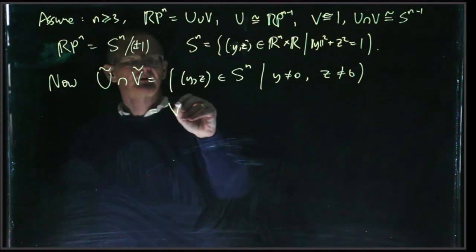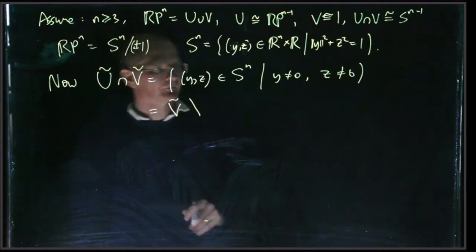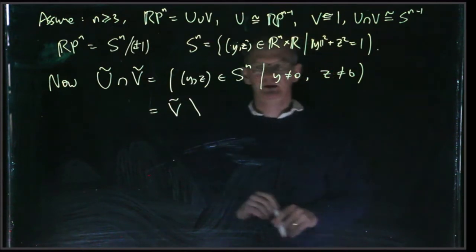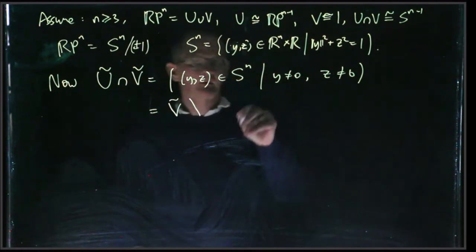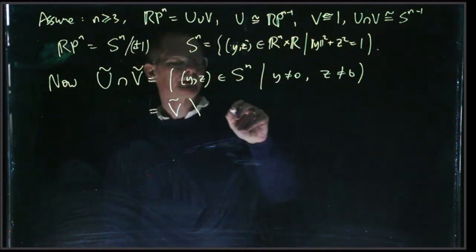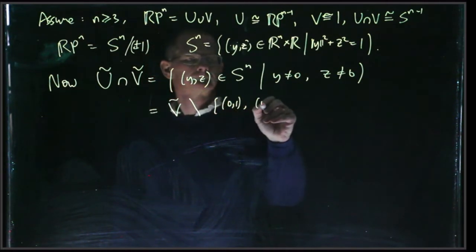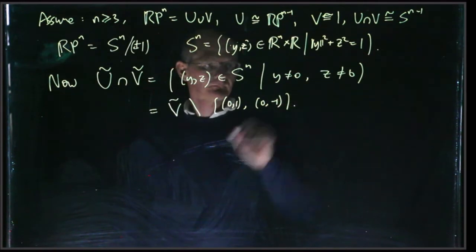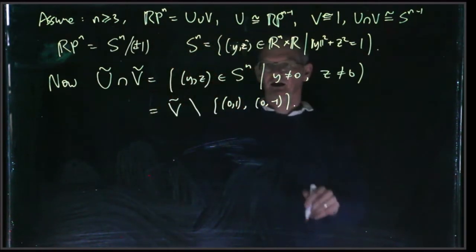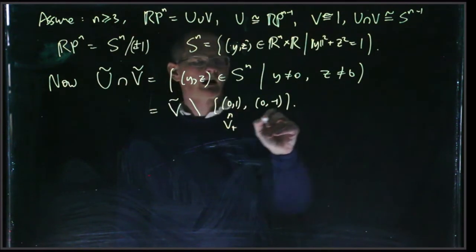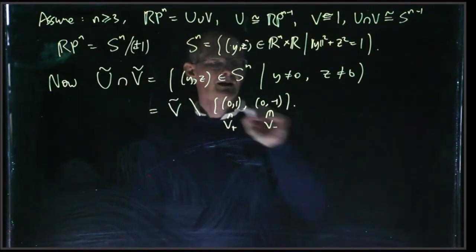This is V tilde, where we're forcing y to be non-zero, and then we're just removing the poles. So this one was in our V plus, and this one was in our lower hemisphere V minus.